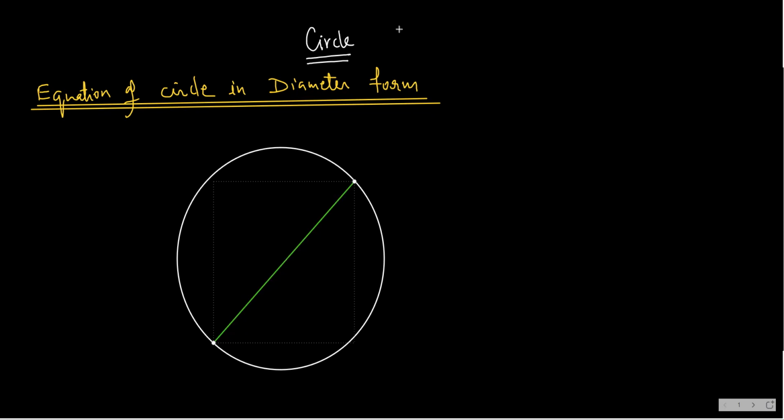Suppose this is a diameter, and A (x1, y1) are the coordinates of one extreme point of the diameter, and B (x2, y2) are the coordinates of another extreme point of the diameter. We have to find the equation of this circle.